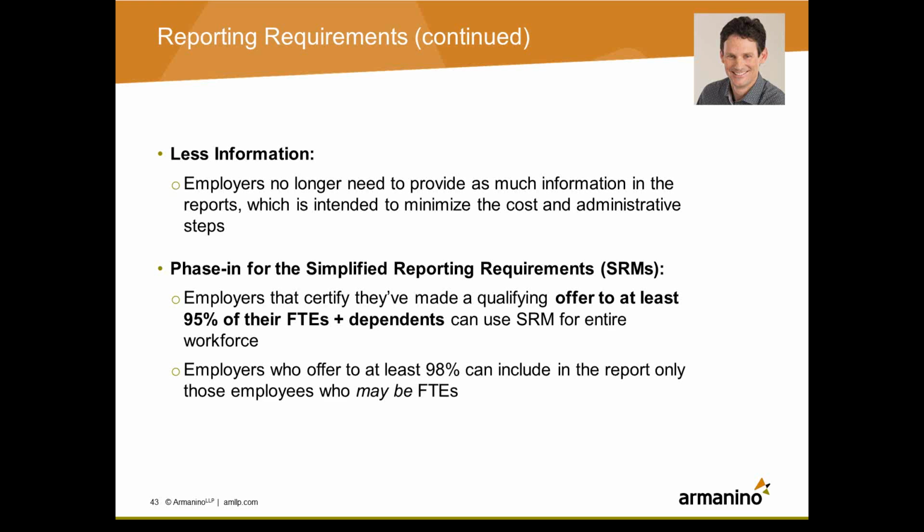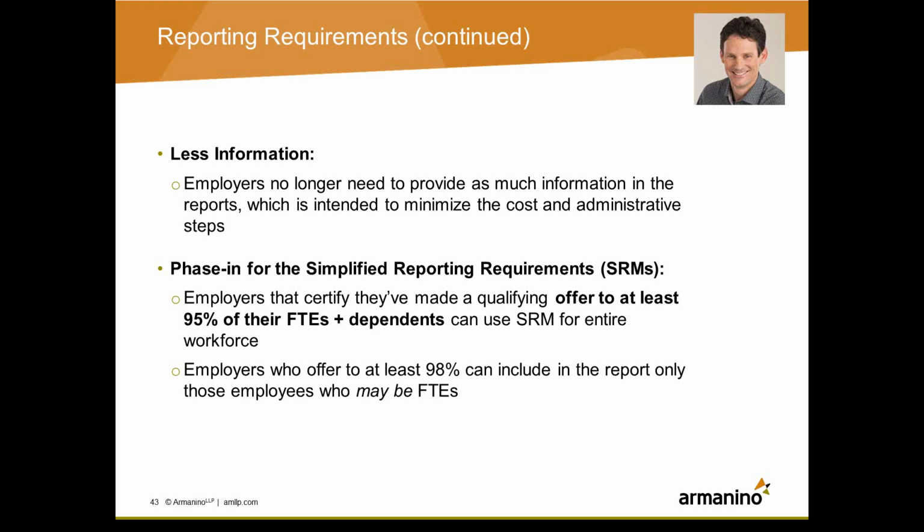I'll also point out that the mid-size employers are also required to do this reporting, although under the transitional relief, they're not going to be subject to the insurance mandate penalties.